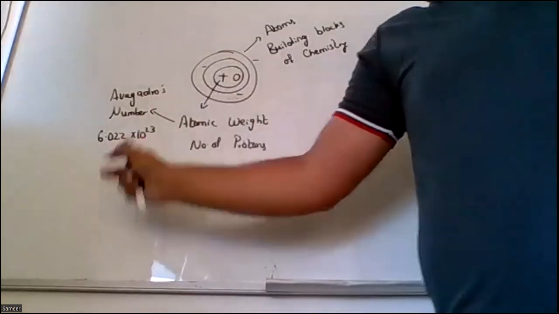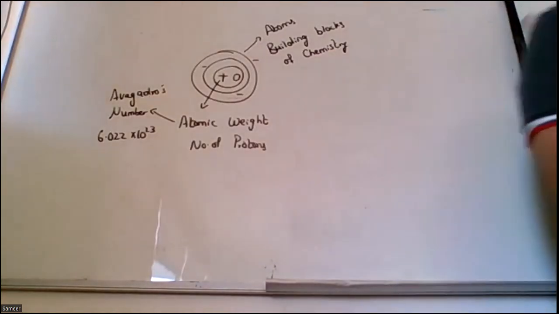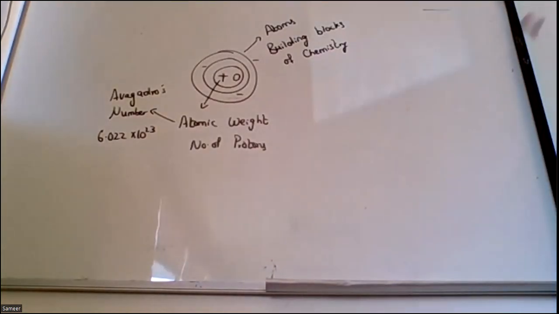So that is why we usually use Avogadro's number whenever there is an atomic or molecular weight. I need to know the weight of the atom. That mass of the atom provides me information on how I can use it for further calculations. It makes it easy for me.